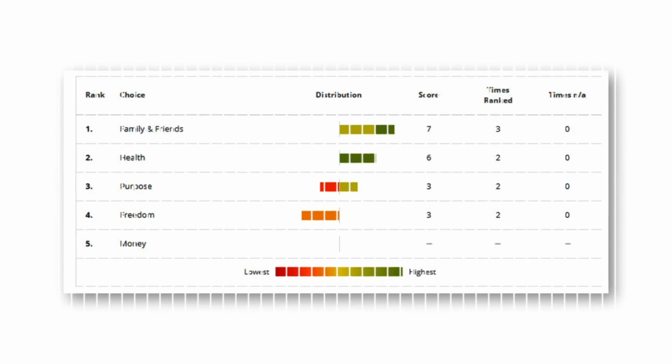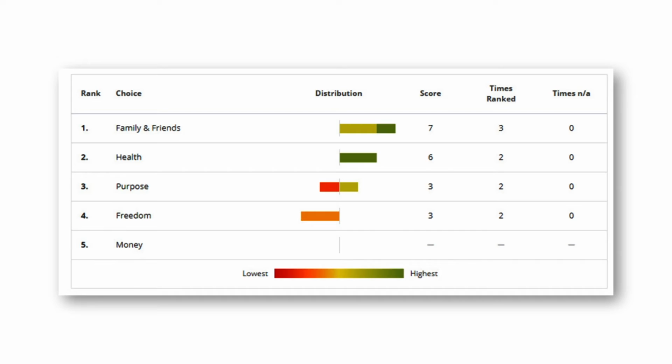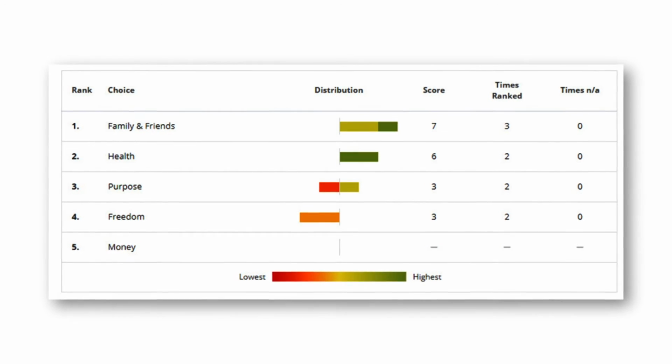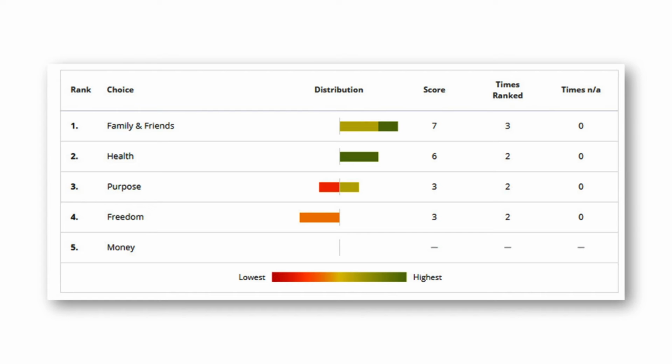If you see this particular image, the rank is given on the basis of the choices. The first choice is family and friends, and it comes on the basis of the score, which is 7. That is the highest, and the lowest is 3.